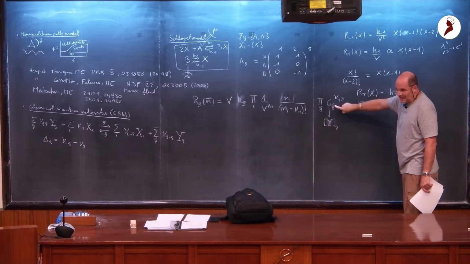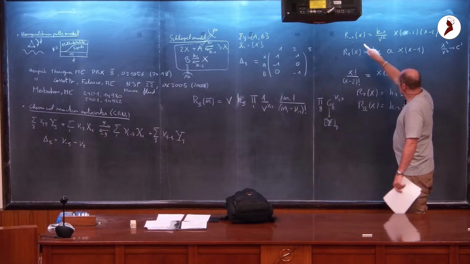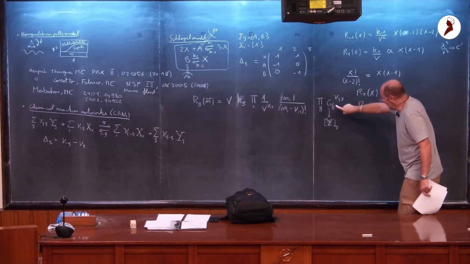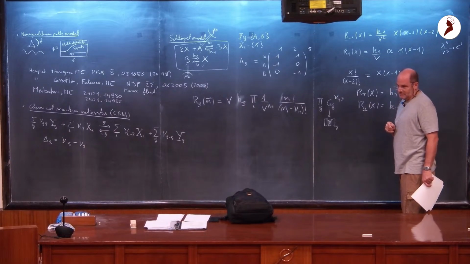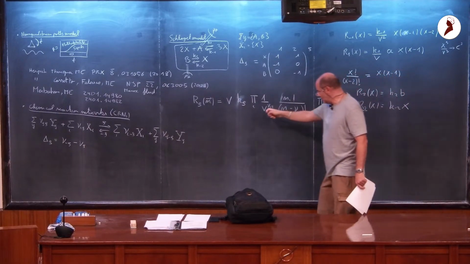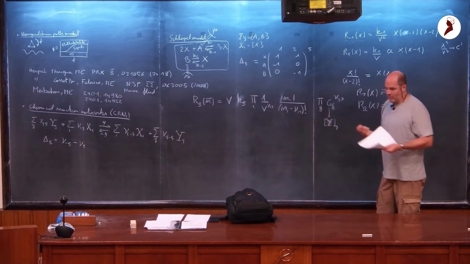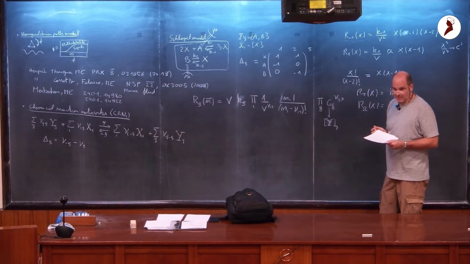So in the large V limit, when I divide, I make my rate intensive. I actually recover this. So that's the scaling with the size that is needed to have a proper macroscopic limit.